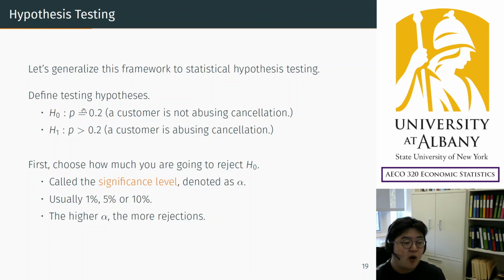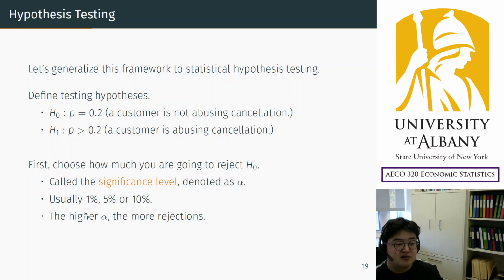And the second step is you need to determine how much probability you are going to sacrifice, or how much probability you are going to ignore, right? We call that the significance level. It is denoted as alpha. So any probability below alpha is not significant, and I'm going to sacrifice the probability below alpha.